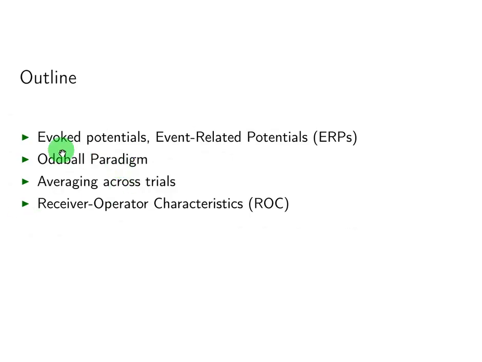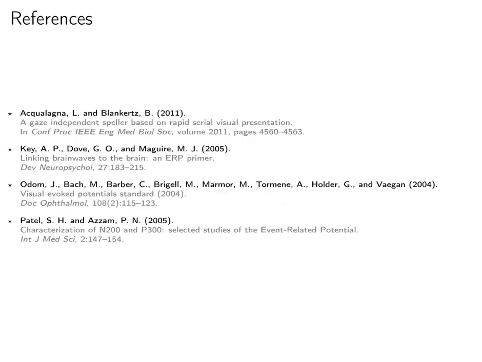Today we reviewed ERP evoked potentials. We discussed the Oddball paradigm and said that averaging across different trials of a time-locked event is useful. We also briefly mentioned receiver operating characteristics. These are the references for additional resources you can consult.